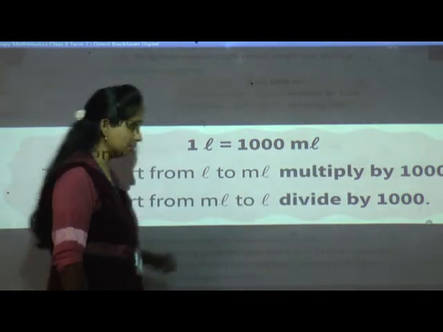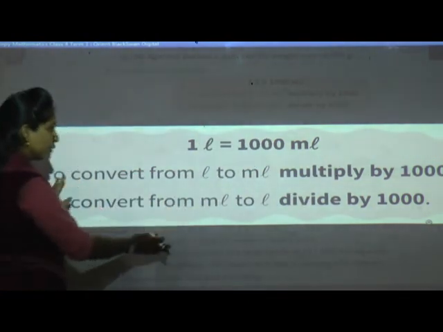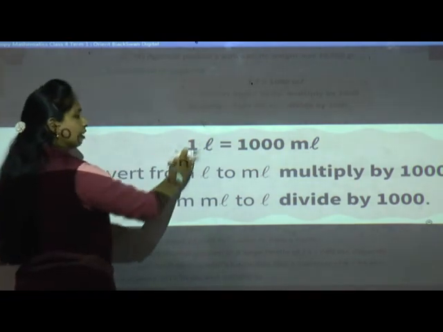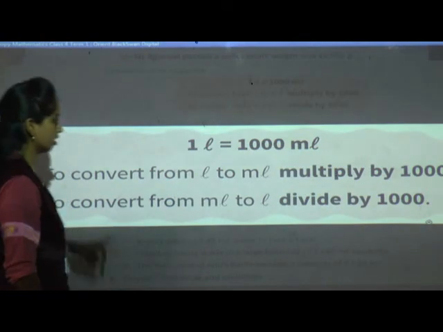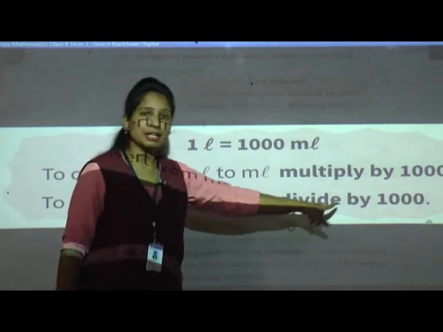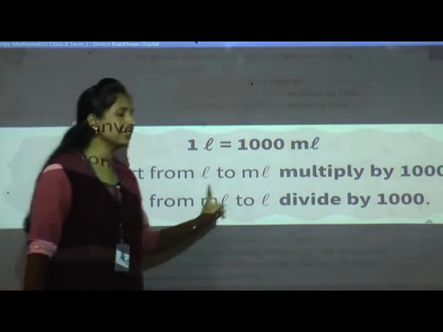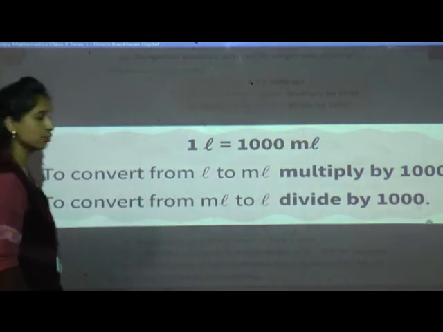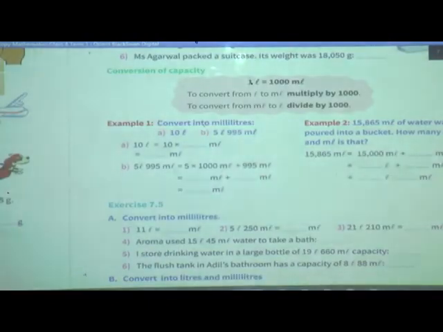Multiply by 1000, and this is higher to lower. And if you want to convert lower to higher, what you have to do? Divide by 1000. I'll repeat again. To convert from liter to milliliter, multiply by 1000, and to convert from milliliter to liter, divide by 1000. Keep in your mind these shortcuts.